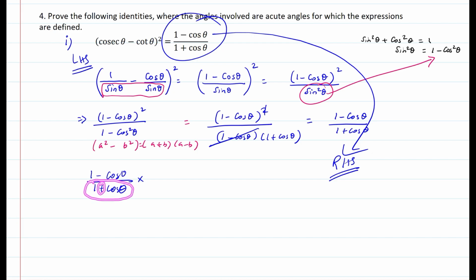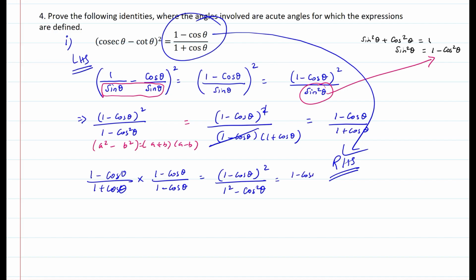Suppose you have a plus sign, it will become a minus sign. And then the next step will be 1 minus cos theta divided by 1 minus cos theta. So the numerator will be 1 minus cos theta, the whole square, and the denominator will be equivalent to 1 square minus cos square theta. What is 1 minus cos square theta? That is equal to sine square theta.